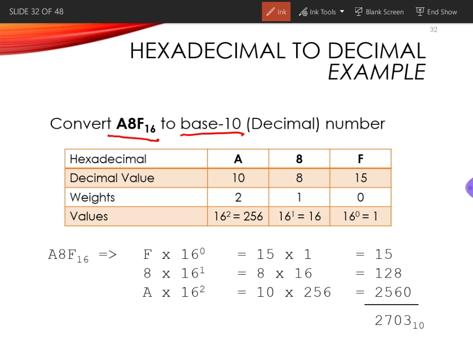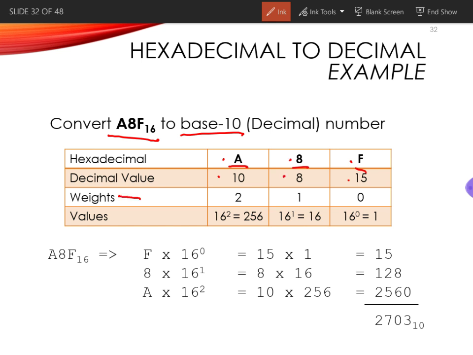So our tabulated value would be A8F in hexadecimal. Given that we know directly the decimal value of A to be 10, we write it out, and for F to be 15, we write it out as well, and 8 remains 8.